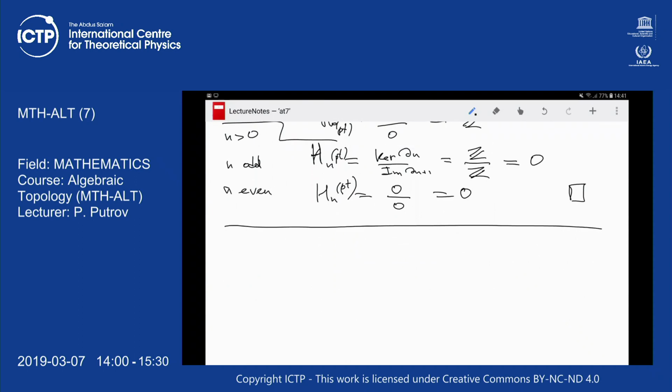So now let me introduce the following notion, which you will need later, but we won't need it right now. You will need it to approach one of the exercises.